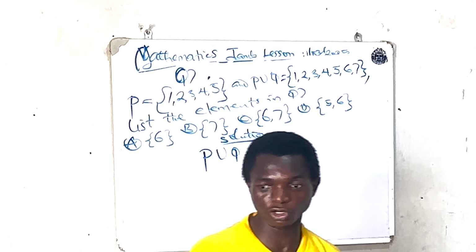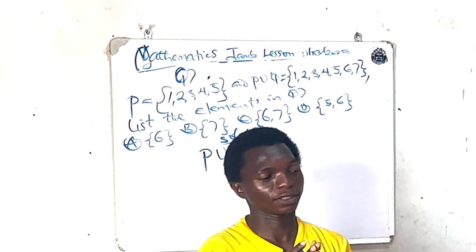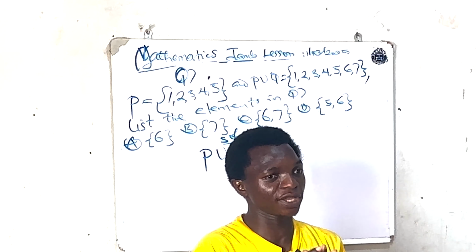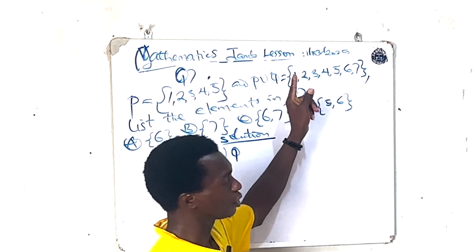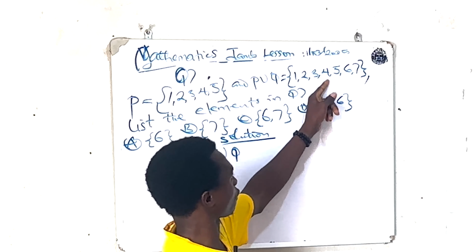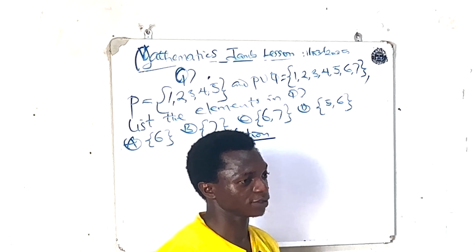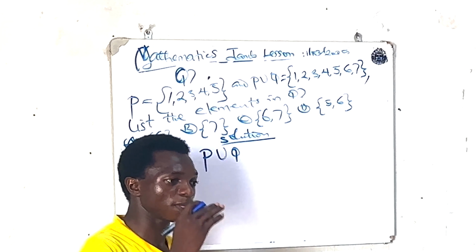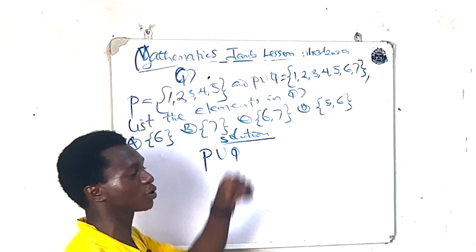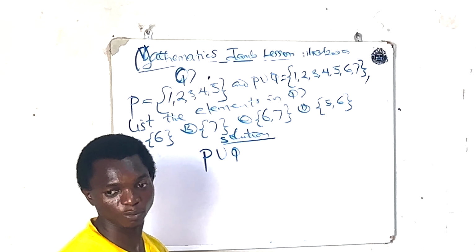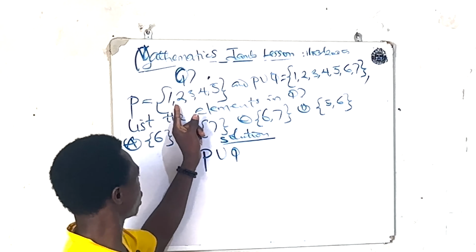That is the meaning of union. Union means combined. So if the elements of P and Q are combined, the answer gives 1, 2, 3, 4, 5, 6, and 7. So what is the list of elements in Q? Very simple. Remember that P contains what?